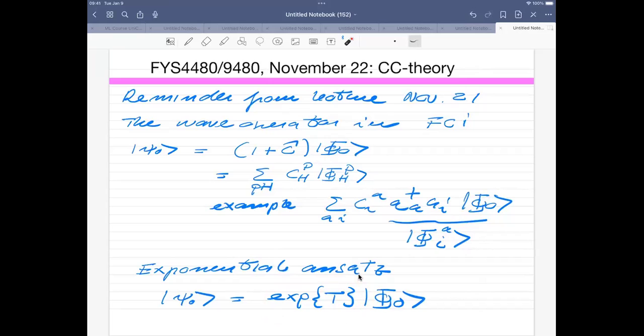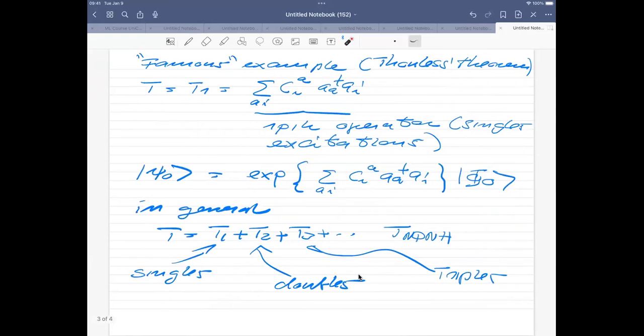Now, we saw this already when we derived Fowler's theorem, which I'm going to quickly remind you of. But what we did then, if we look at Fowler's theorem, is that we could write exactly a state which is a linear combination of one particle, one hole excitations plus the ansatz for the ground state. And this ansatz for the ground state could also be your Hartree-Fock reference state or any other optimized reference state.